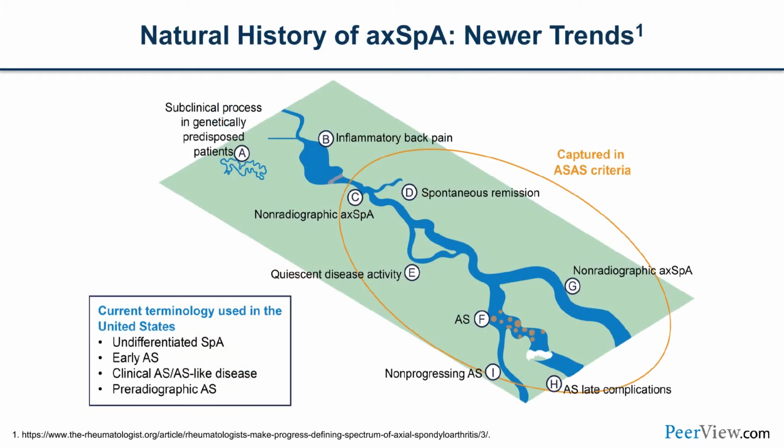Now, this image of the natural history of axial spondyloarthritis is a brilliant depiction of what we actually see in patients with this spectrum of disorder and actually explains why we have been confused by this disease for so long. This was developed by one of the leading voices in axial spondyloarthritis, Atul Deodhar. Let's start out at the upper left. It is a river.